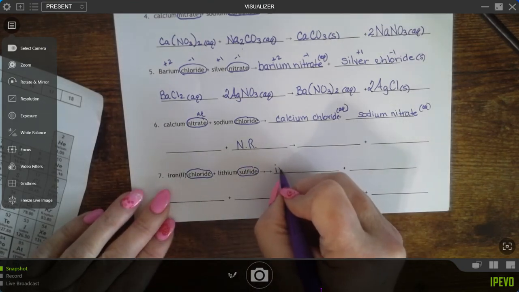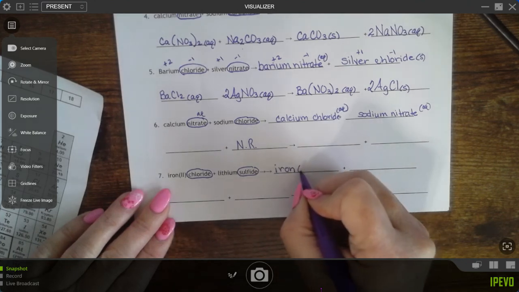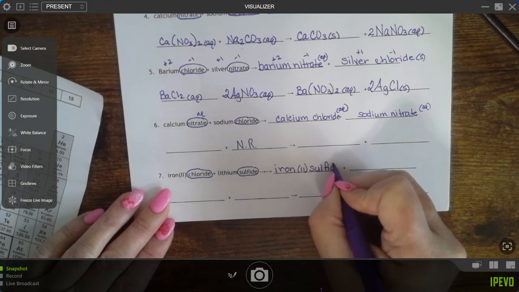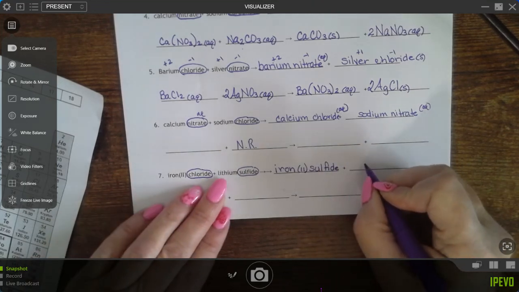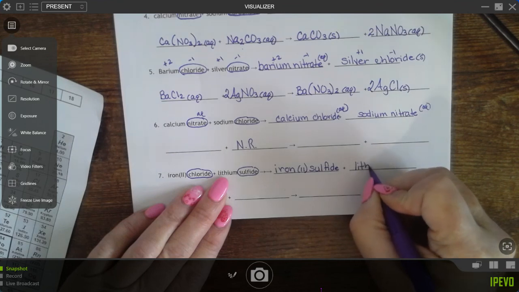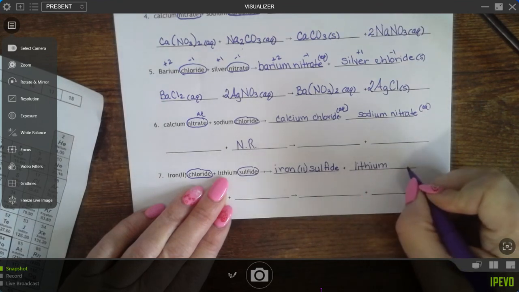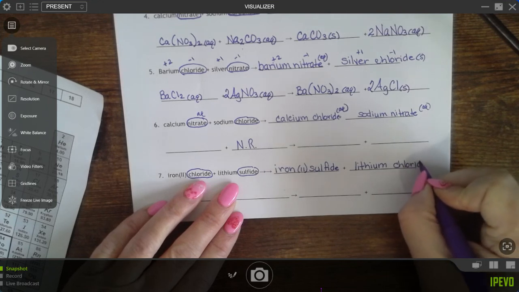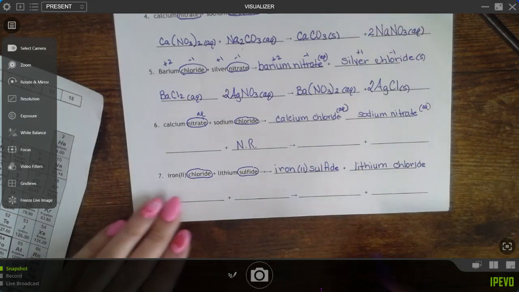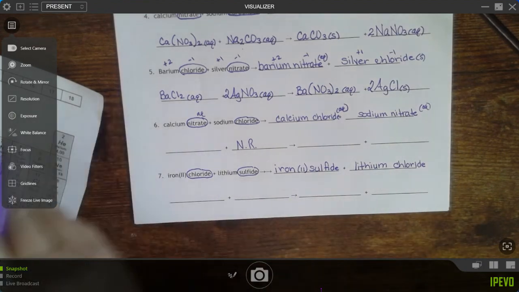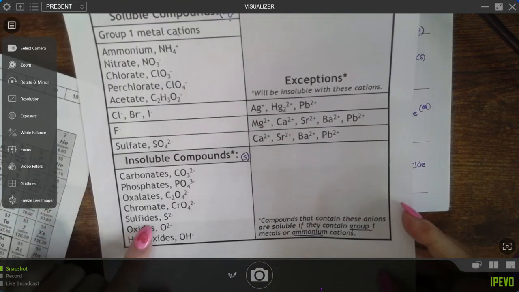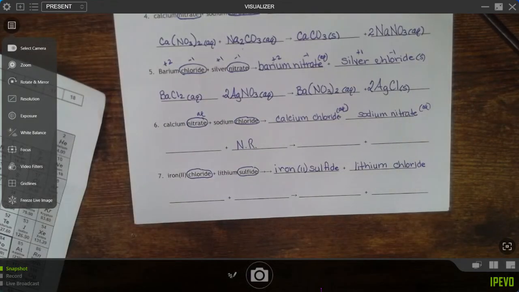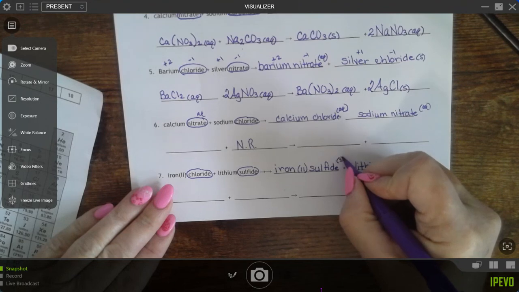That's going to give me iron 2 sulfide plus lithium chloride. Okay, now we need to look, and sure enough, there you go, you have a sulfide, and it's not a group 1 metal, it's not ammonium, so this sulfide is going to be a solid.